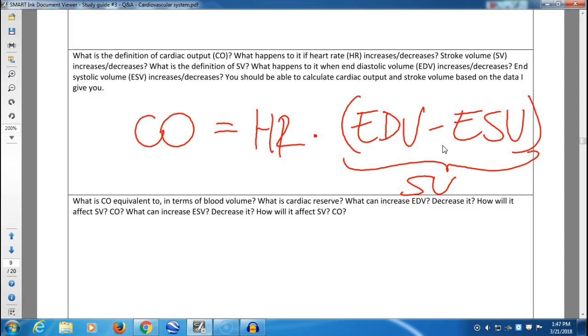So, what increases preload? Two main things. What can increase the preload? So again, longer diastole, so lower heart rate. And what else? Where does blood come from into the heart?